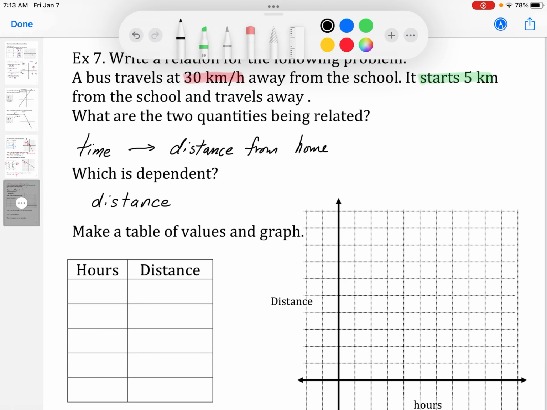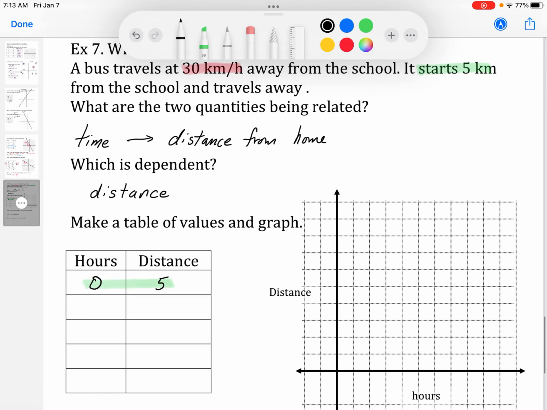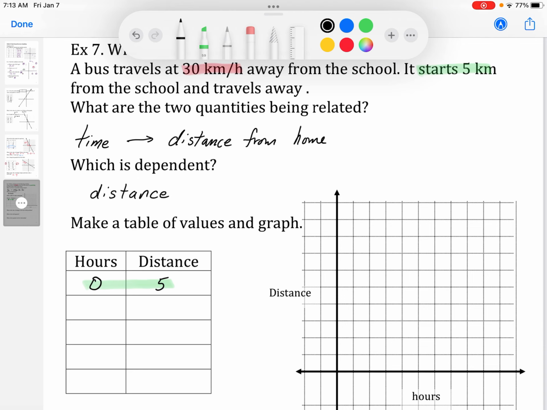I'm going to draw this table out. It's always good to put in the starting point in my table. That happens to be my y-intercept. Okay, that often is the y-intercept. And then we're going to use the ratio of change, or the rate, to get other numbers in this table. So after 1 hour, they've traveled 30 more kilometers, so they're now going to be 35 kilometers from home.